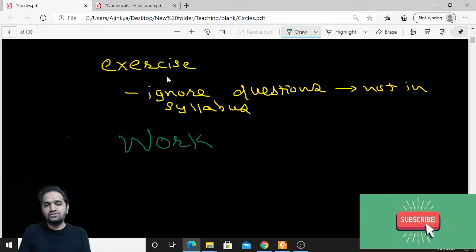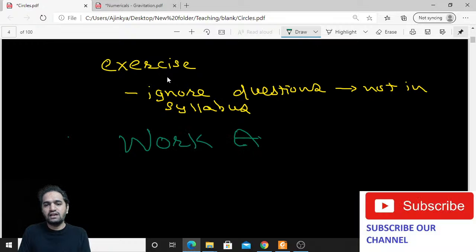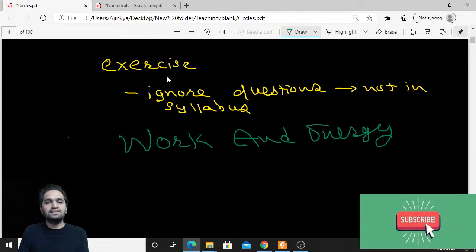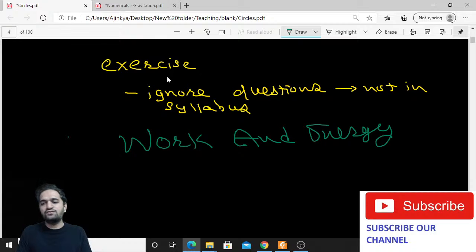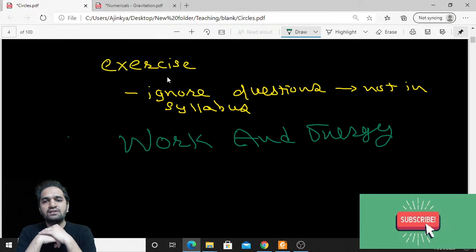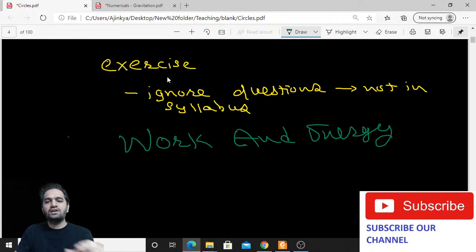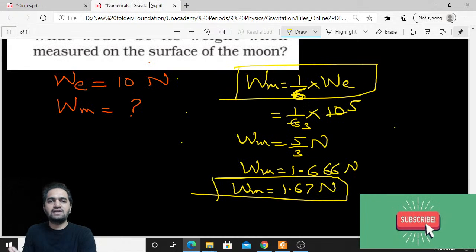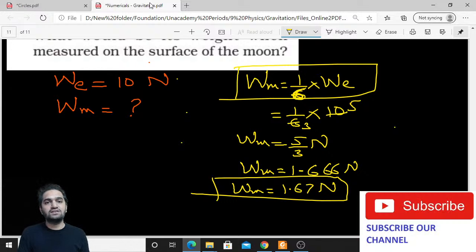Including this, there are almost 4 lessons for your post midterm: motion, laws of motion, then gravitation, and after gravitation, work and energy. So there are basically 4 lessons which you have for your post midterm from the physics section.